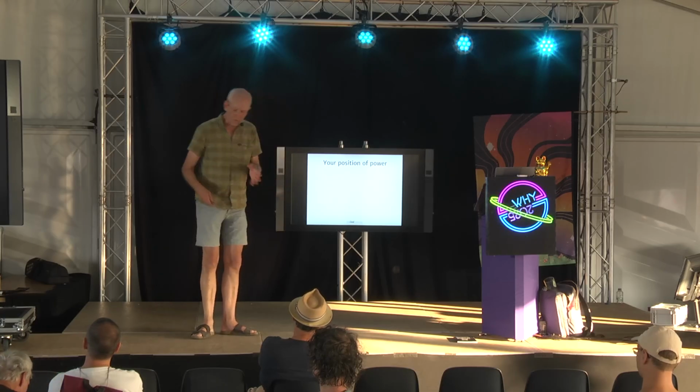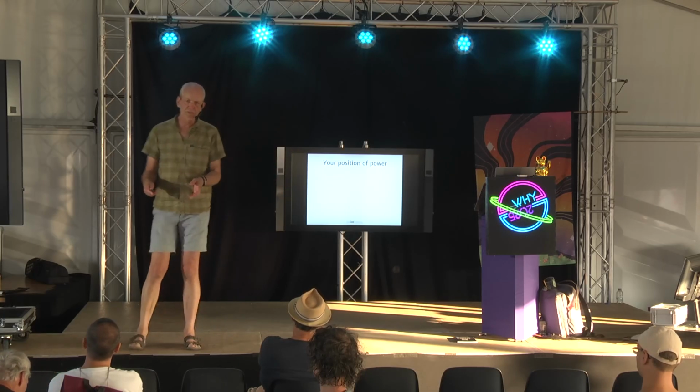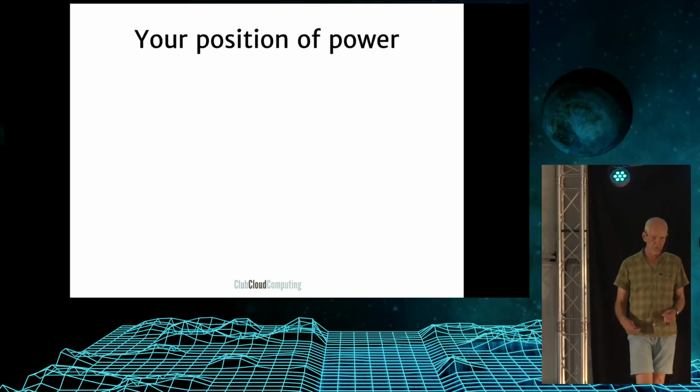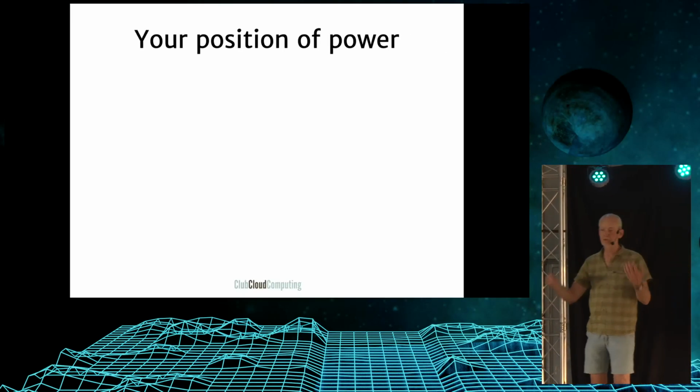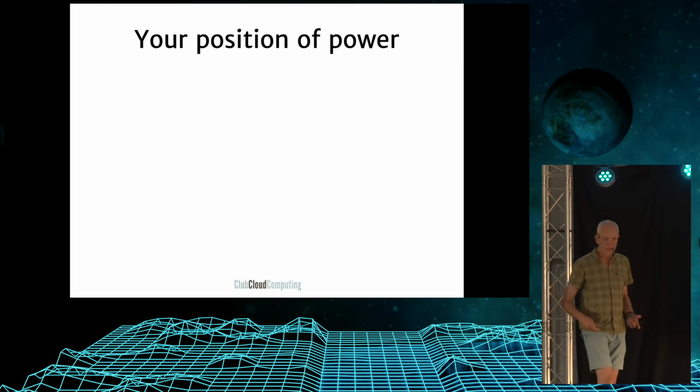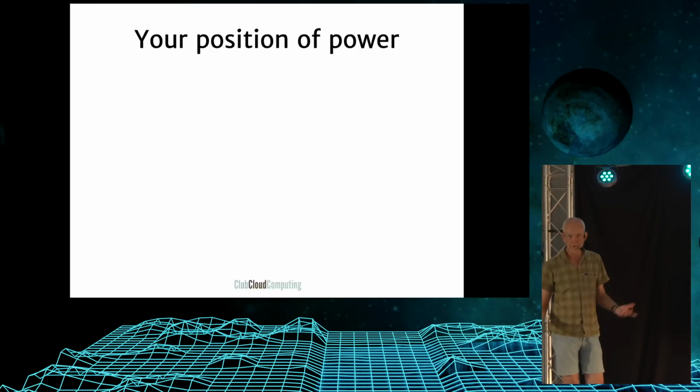one of the reasons why we want to talk about this is that you do have a position of power, and there's a couple of positions of power that you may have. And if you use that power properly, you're going to get what you want, and you will contribute to the greater benefit. And if you don't know how to use that, then you're not going to get those goals, or somebody else is not going to get those goals.